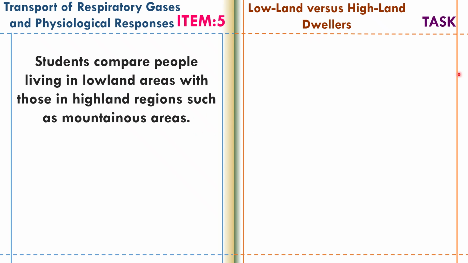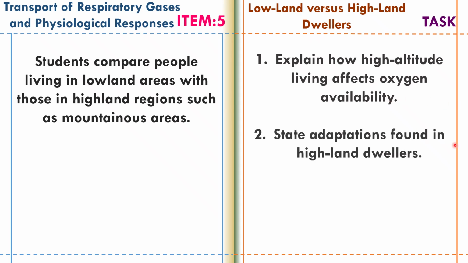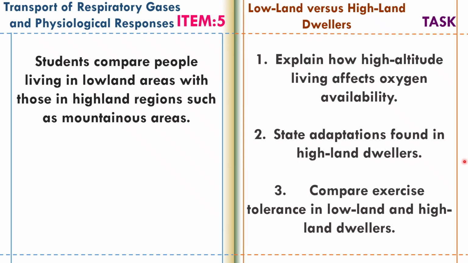Task: explain how high altitude living affects oxygen availability. State adaptations found in highland dwellers. Compare exercise tolerance in lowland and highland dwellers.